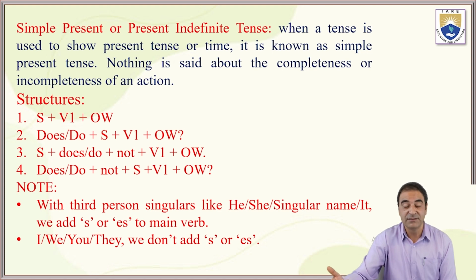Does it mean that we can't express a future event or any continuous action in simple present? Yes, we can. We can express future event in simple present. Yes, we can express continuous event or action in simple present, but under some special situations, and we will talk about it later on.